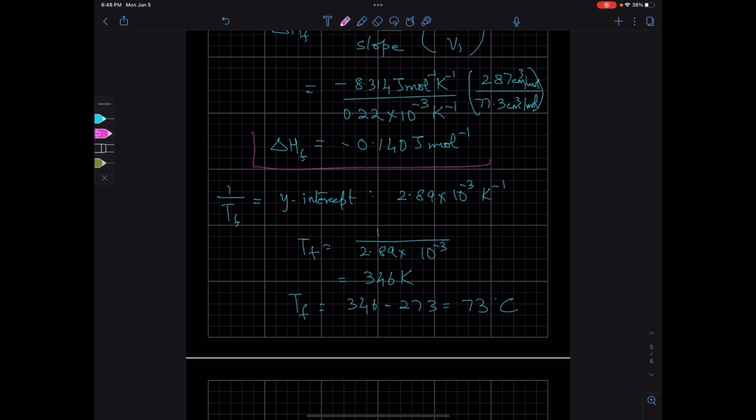So we have delta HF and the melting point of the pure polymer.